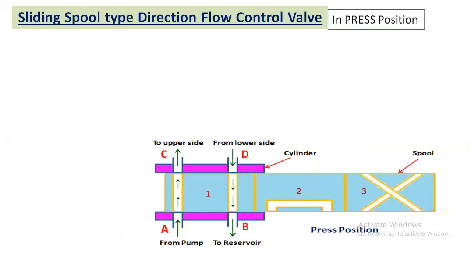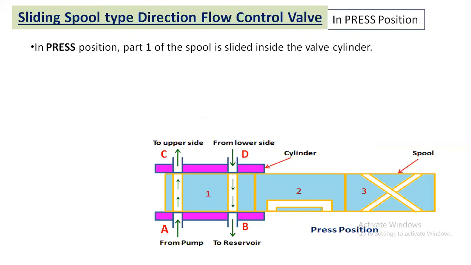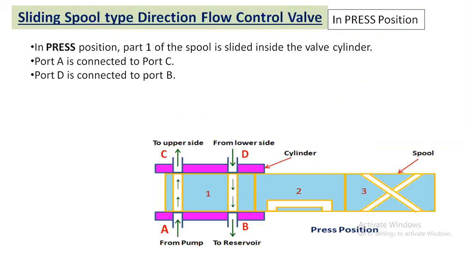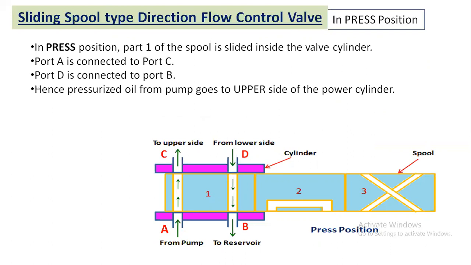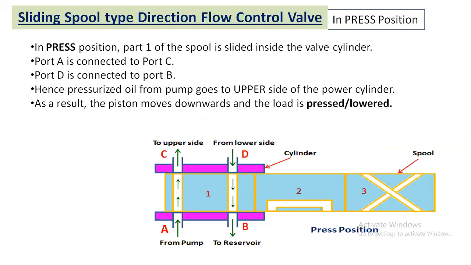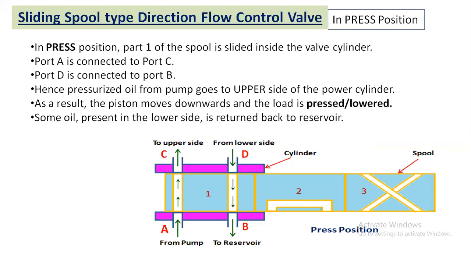In this press position, the load is lowered. You can see here that port A is connected to port C and port D is connected to port B. How does it happen? Because we have slid the spool and the cylinder is connected to part 1.